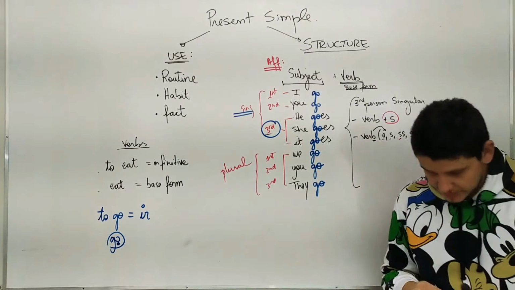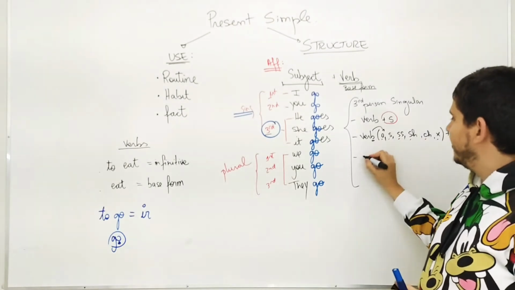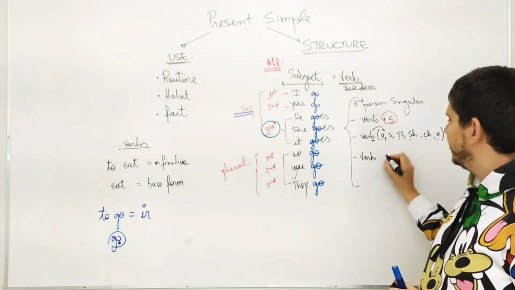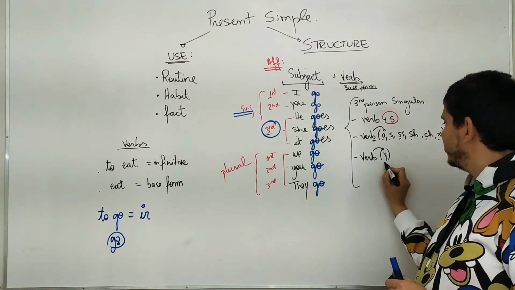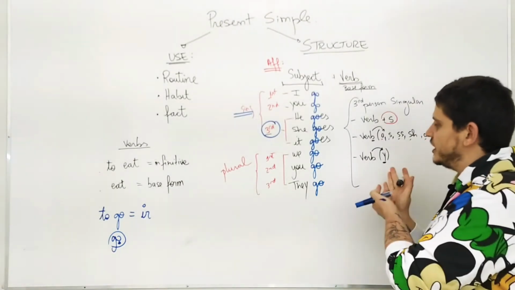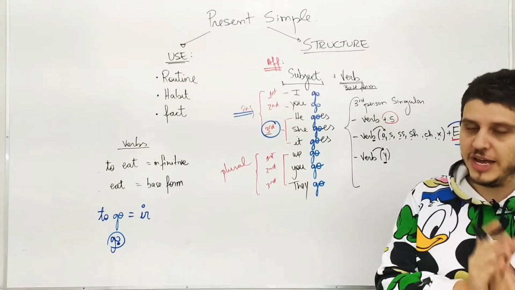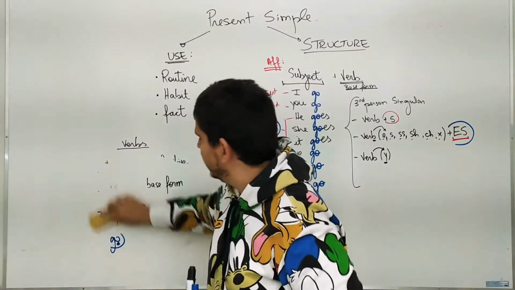Another thing which is important for you to know is the following. If this verb finishes in y, if this last letter here is a y, you've got to analyze which letter comes before the Y. Observe these two verbs.